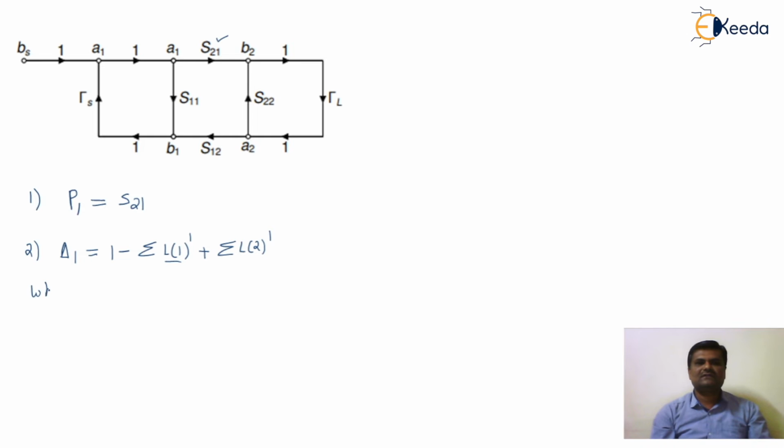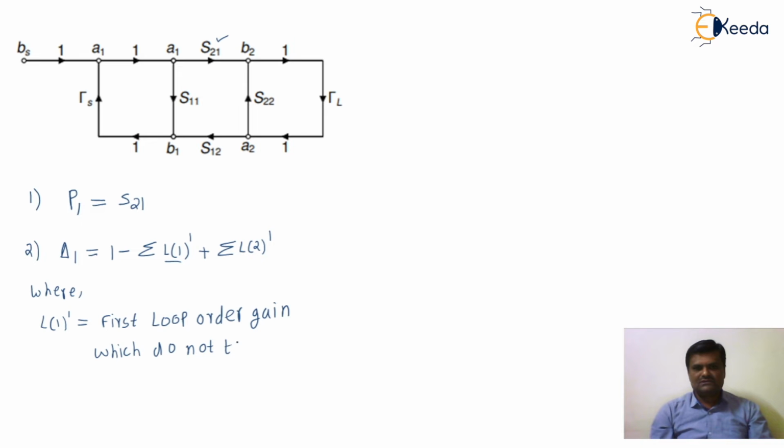Where L11 is the first order loop gain which does not touch the first path.